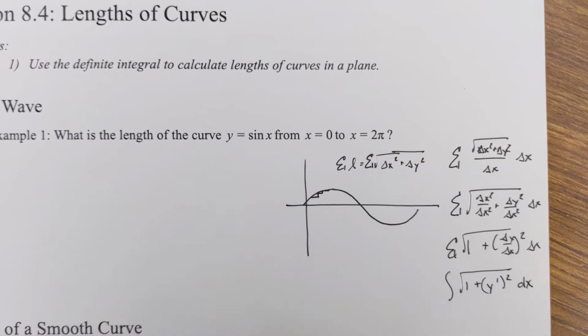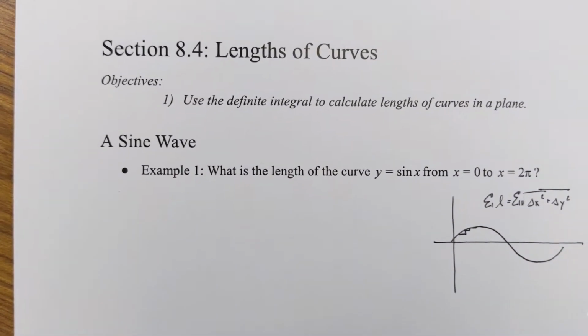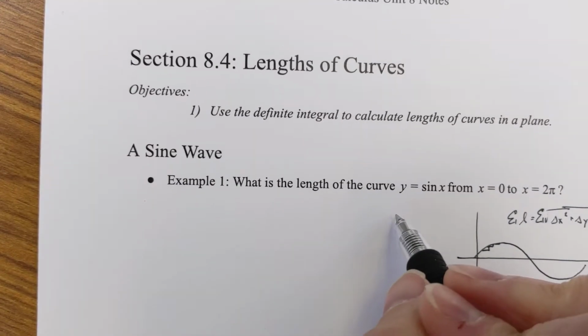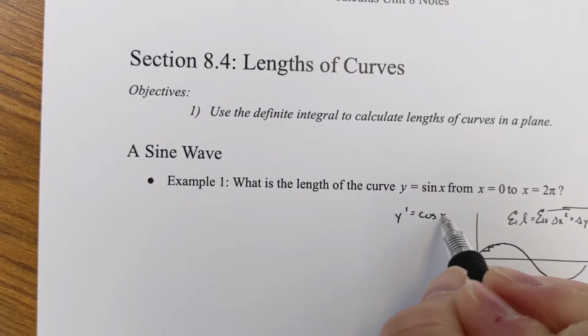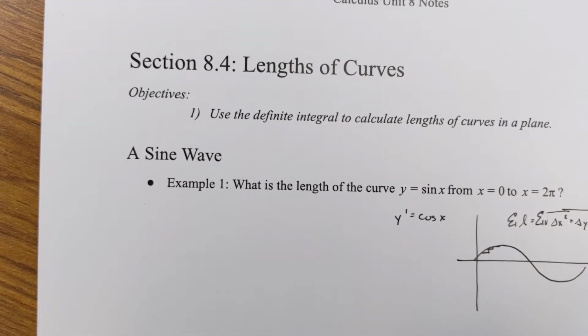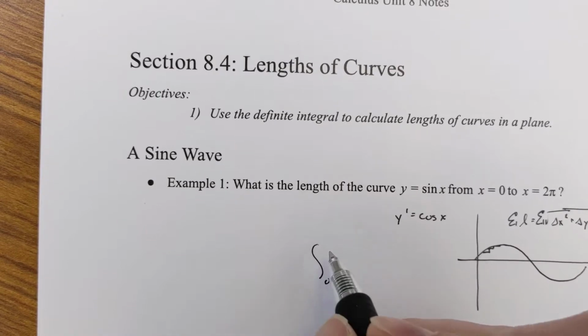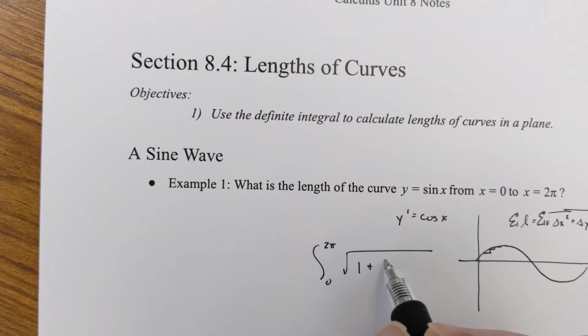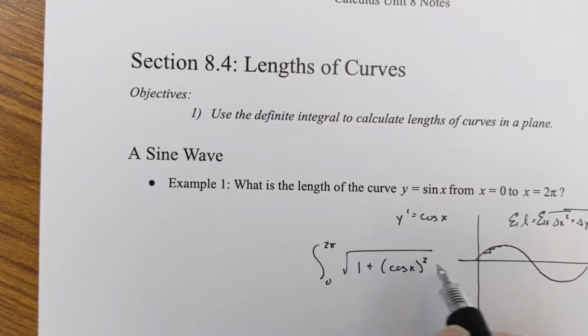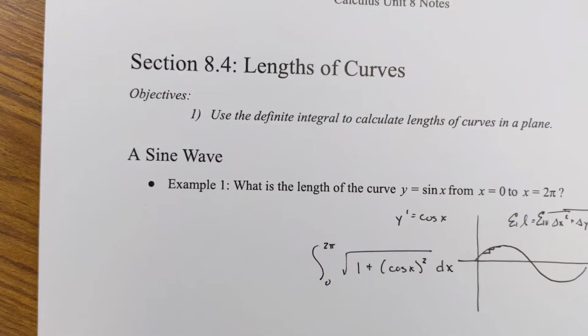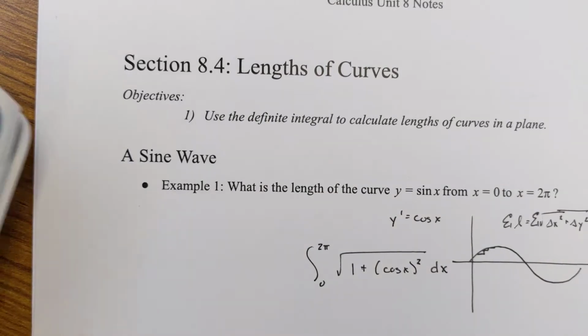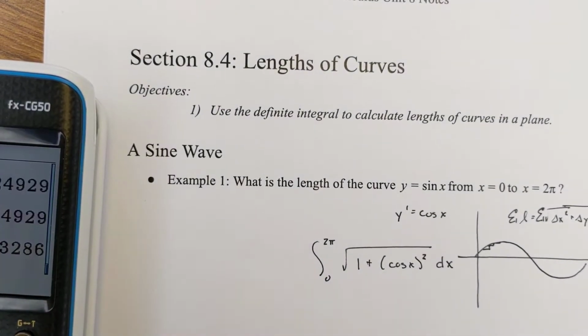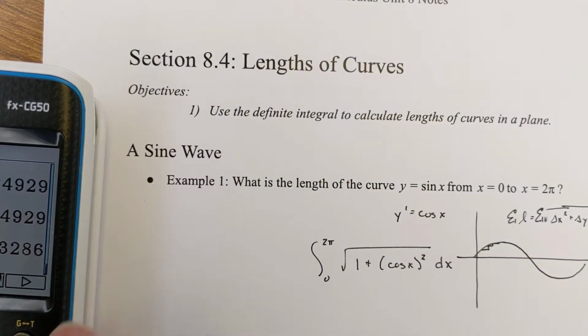So there's my formula. To find the length of this curve, I need y prime, which is the cosine of x. So the formula for the length of the curve from 0 to 2 pi is the integral of the square root of 1 plus the derivative squared dx. Now this is not something that I want to evaluate, so we're just going to let our calculator handle it.